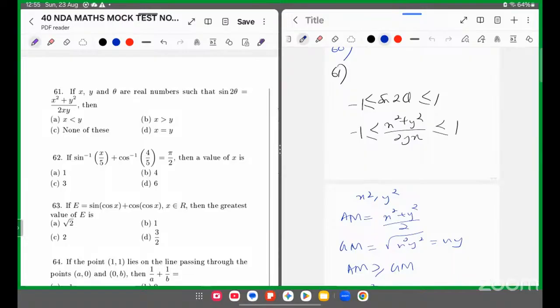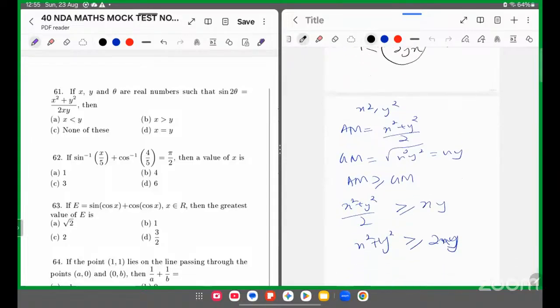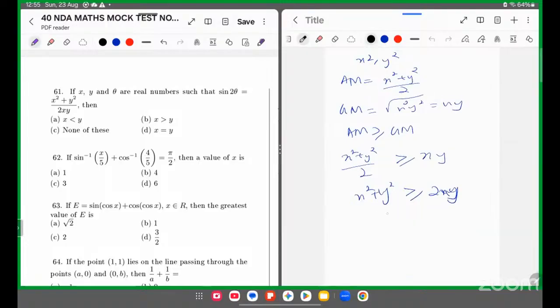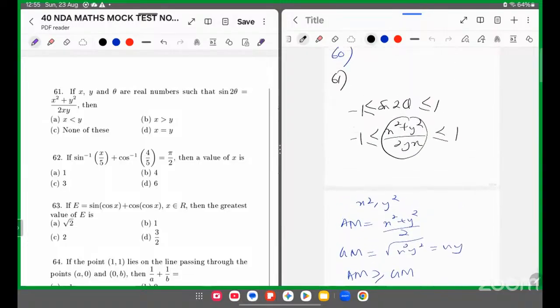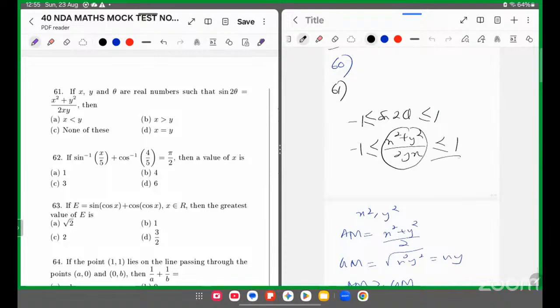So the numerator is bigger, then this value should be greater than or equal to 1. That means (x square plus y square) divided by 2xy is always greater than or equal to 1, but it can go up to a maximum of 1 only.